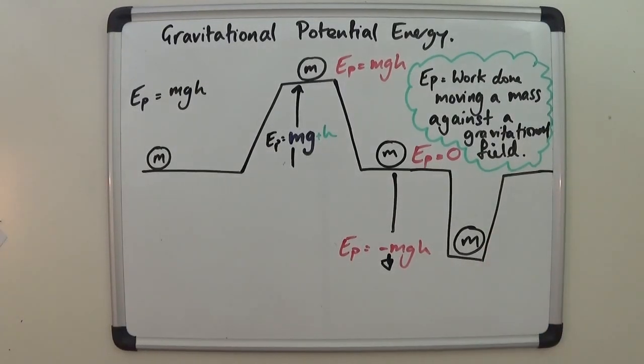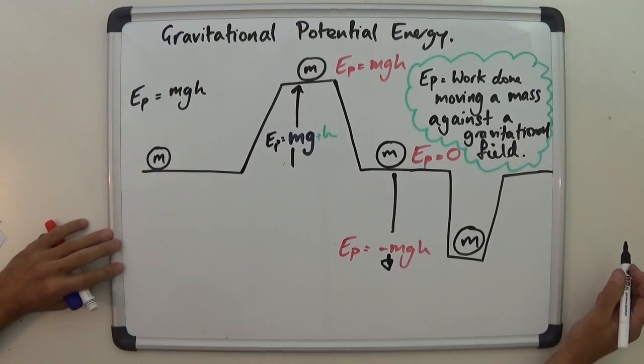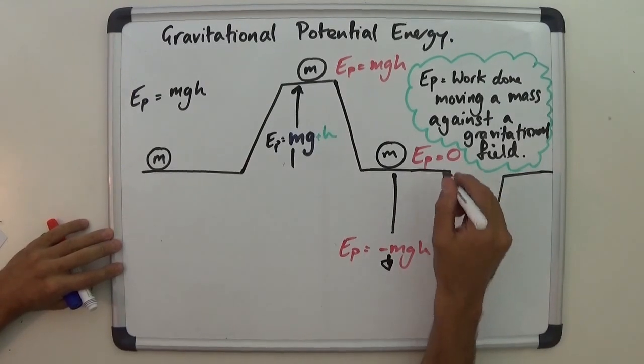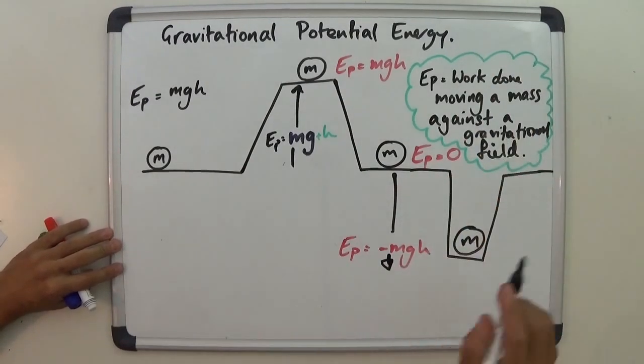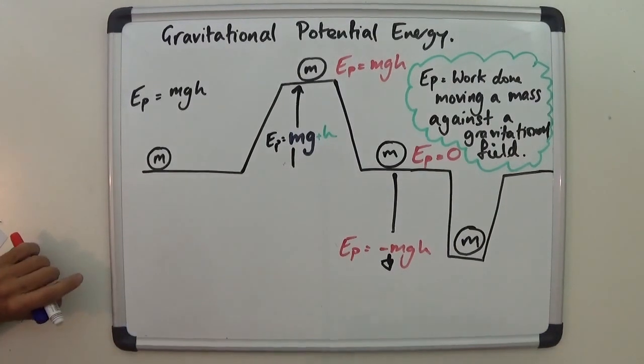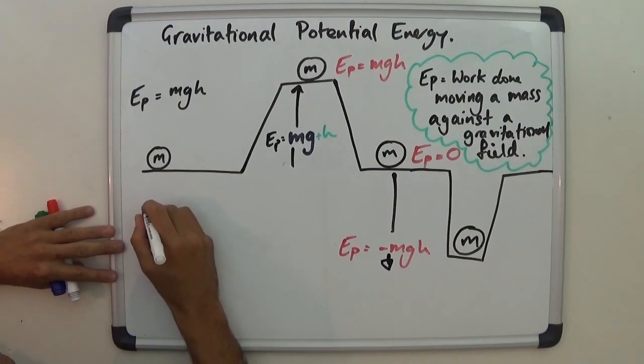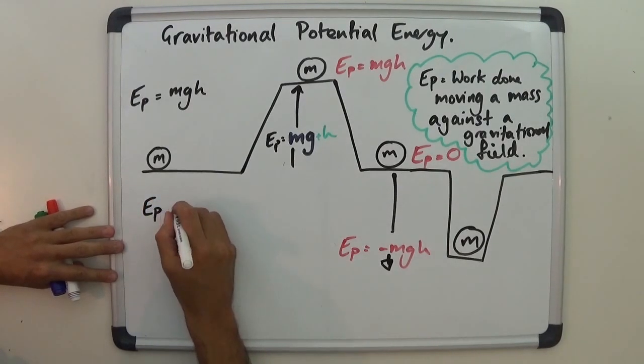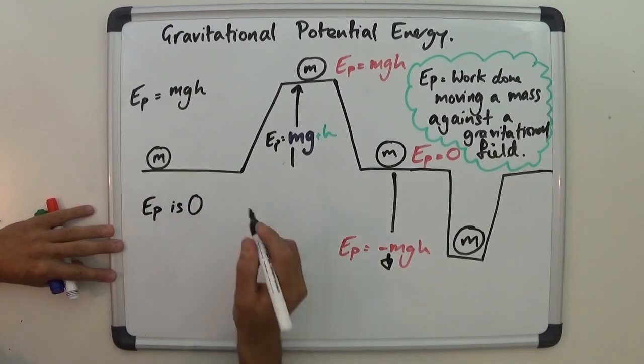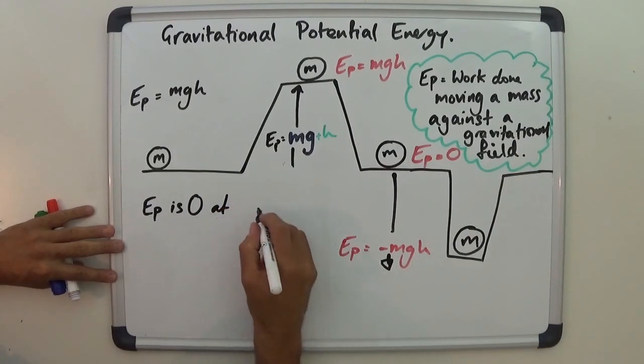Should we do it at London, Greenwich, the top of Everest, or down at sea level? It makes a lot more sense to put it somewhere really practical at the back end of the universe. Okay, so now if we change this and say GPE, gravitational potential energy, is 0 at infinity.